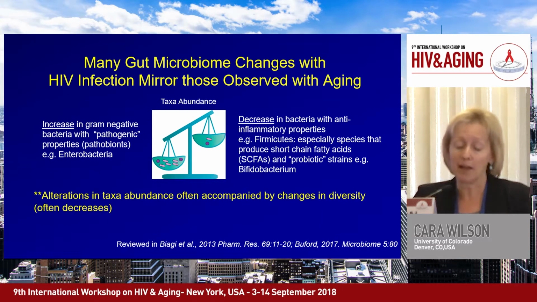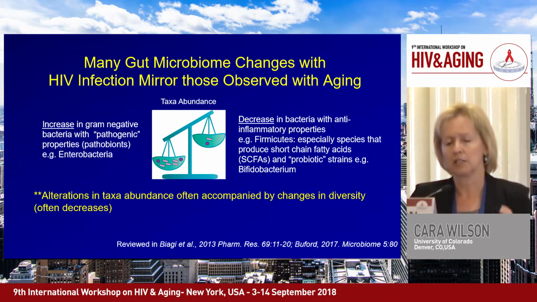These tend to be gram-positive bacteria that either make short-chain fatty acids or you might know as probiotics, so bifidobacteria, lactobacillus, and the like. In addition to changes in the taxa abundance, there are also changes in the diversity of the species, and typically you get a decrease in the diversity with each of these conditions.